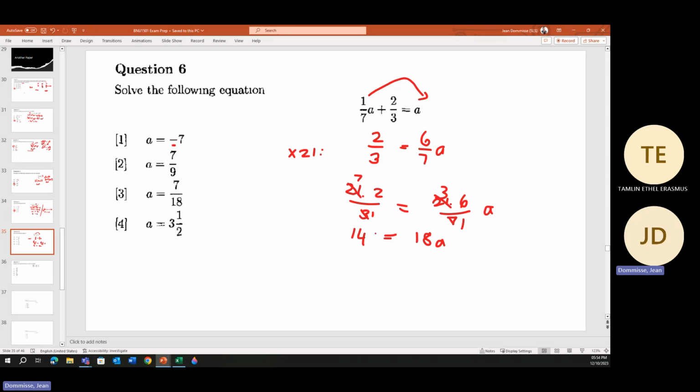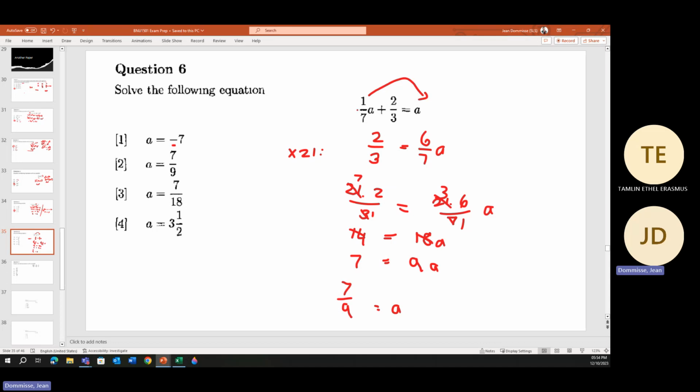Then I can probably still divide by 2. And then if I want to get rid of the 9, divide by 9 on both sides. So my a will be equal to 7/9.